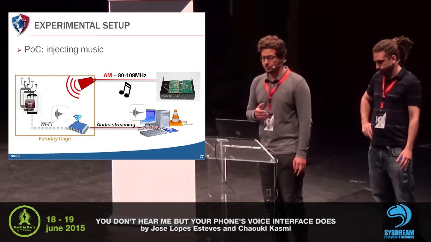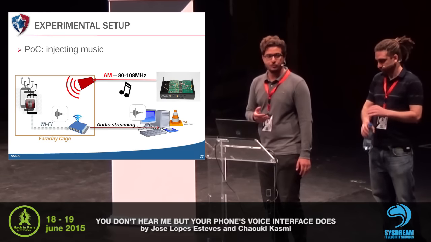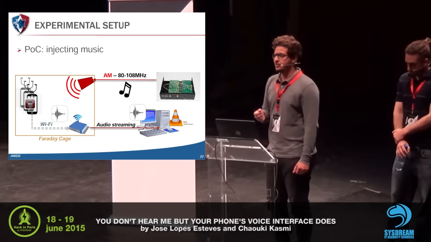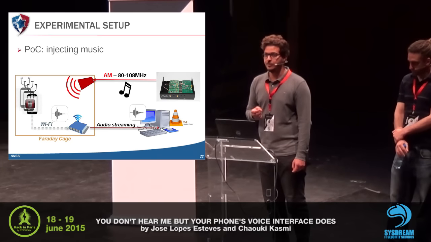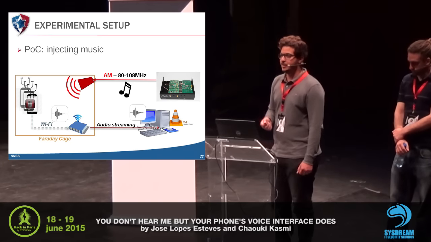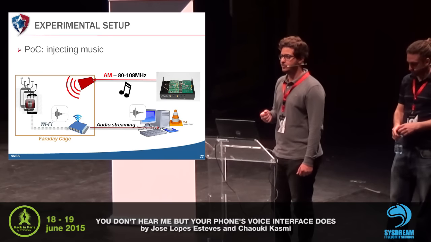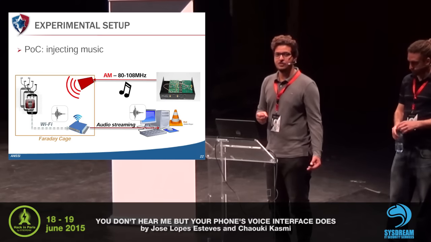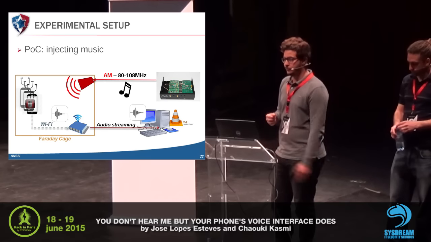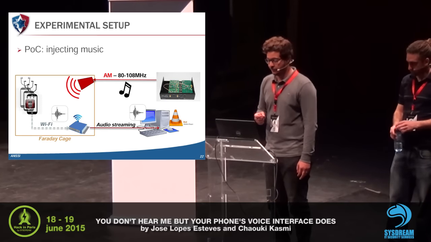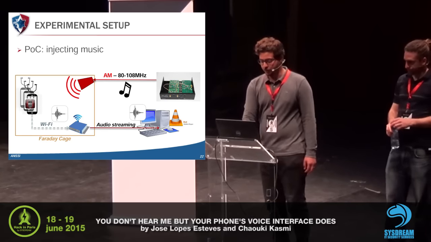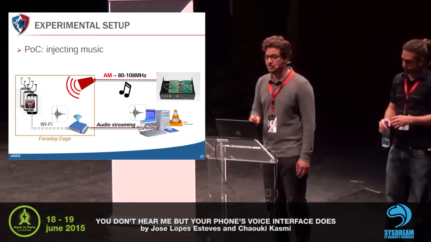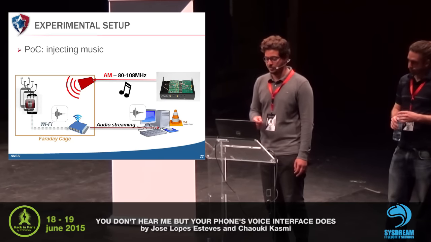Then another point is that you need to be able to characterize and analyze what kind of signal is induced on the headphones. So we installed an application to stream the audio input from the set of targets, and we stream these signals to the outside of the Faraday cage to a monitoring computer, using VLC to read the streamed audio signal.